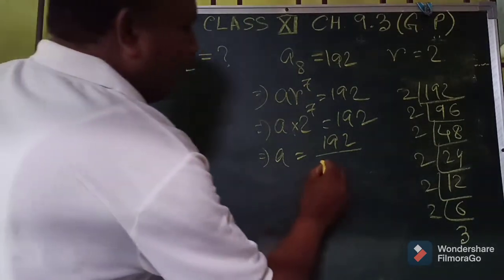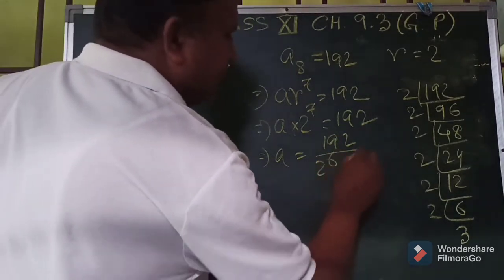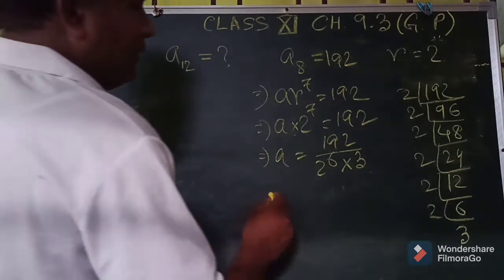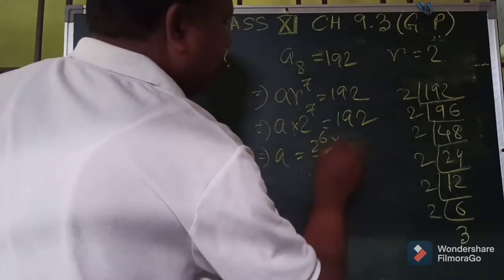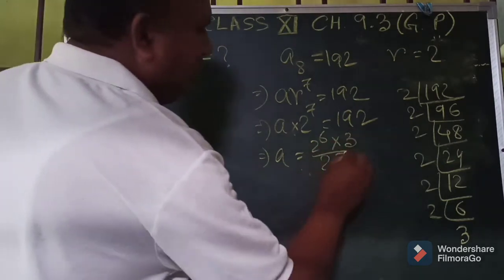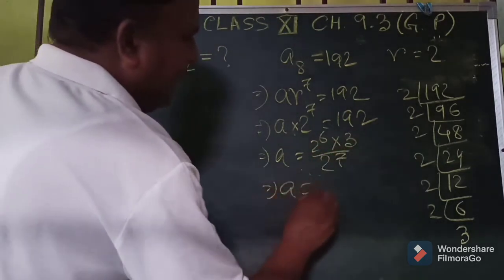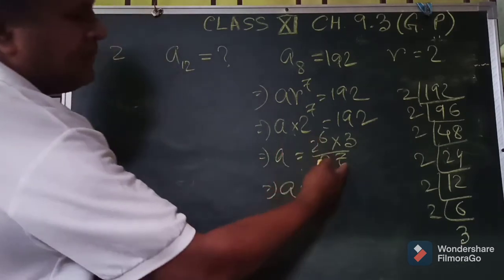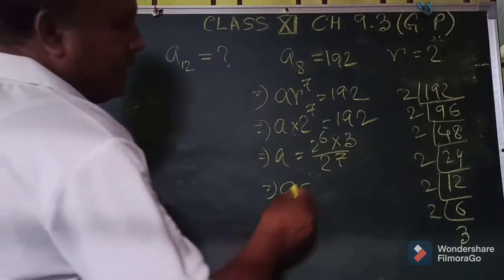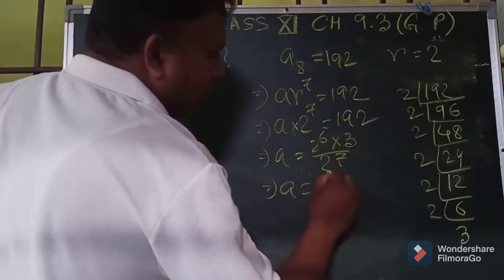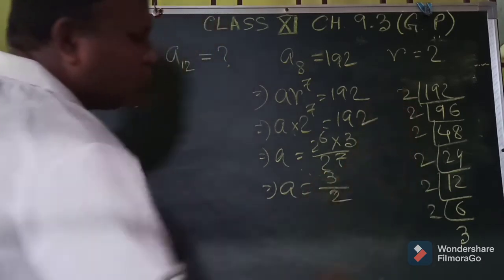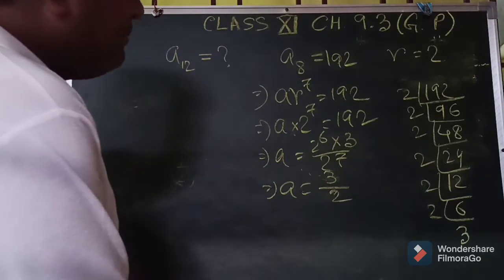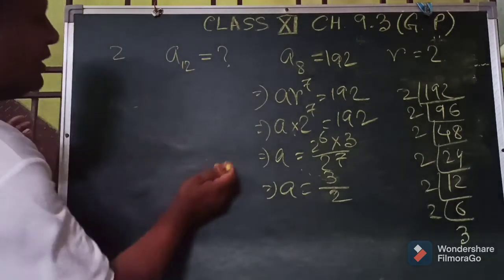That means 192 you can write as 2 to the power 6 into 3, and here 2 to the power 7. So a is 2 to the power 6 by 2 to the power 7, you can cut here, so a is 3 by 2. This is the value of a.